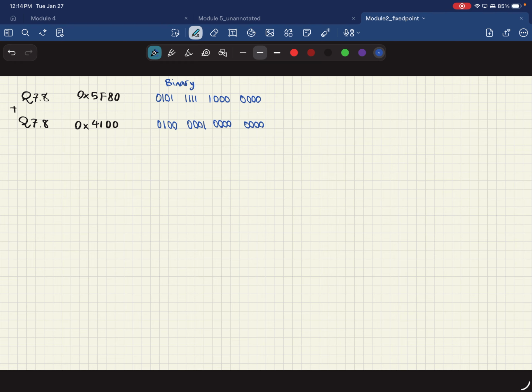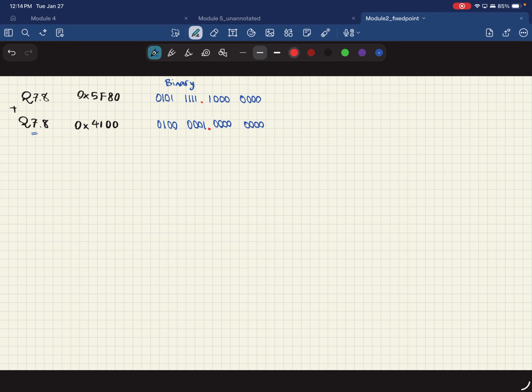Every digit in hex turns into 4 bits in binary. It says 7.8, so our binary point is going to be right here. It might be easier to count from the right side, because the fractional bits are 8 bits: count 8 bits and then put the binary point.